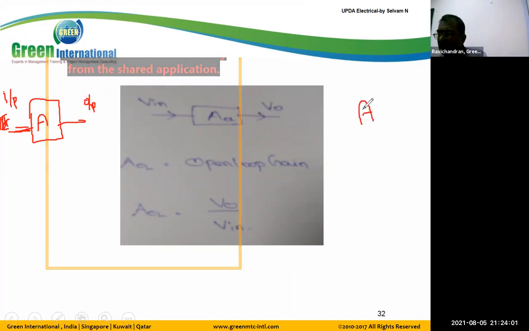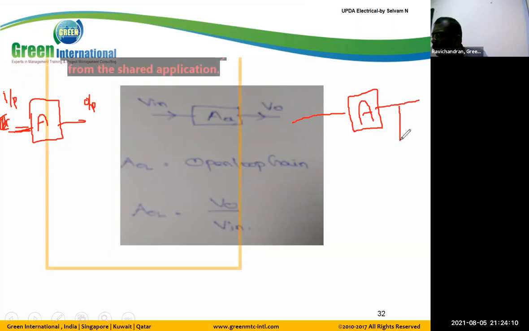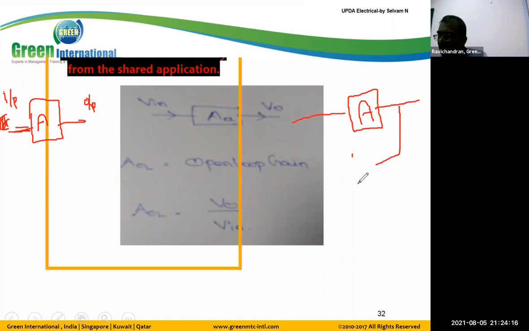In the same amplifier, I take some fraction from the output and feed it to the input terminal. To indicate the fraction, I put a box.